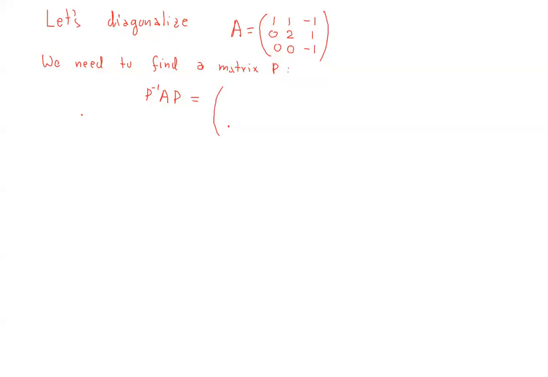Finding the eigenvalues of this matrix is pretty straightforward because it's triangular. So its eigenvalues are just 1, 2, and negative 1. So this would be 1, 2, and negative 1. So we want to make it this way.